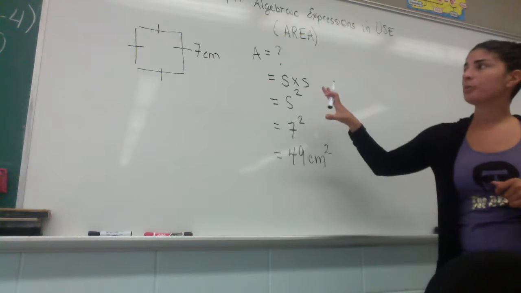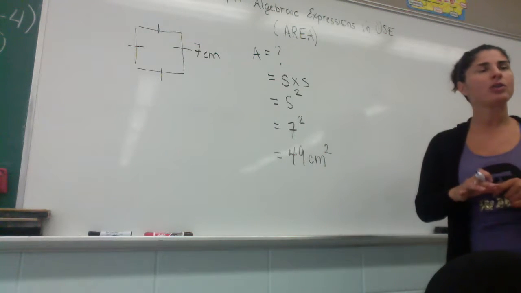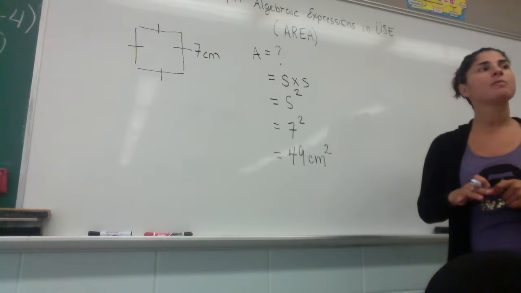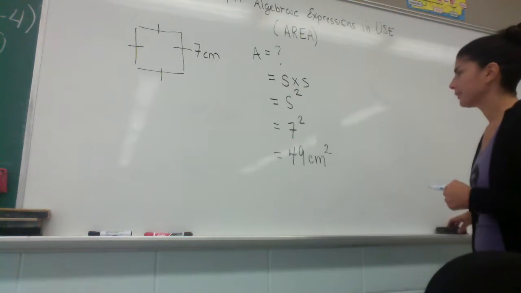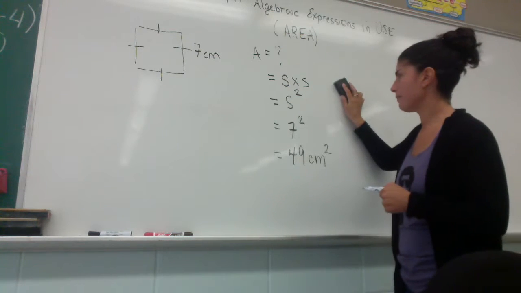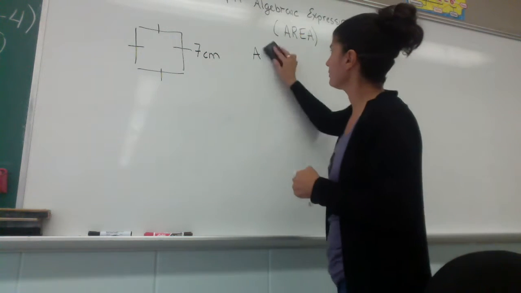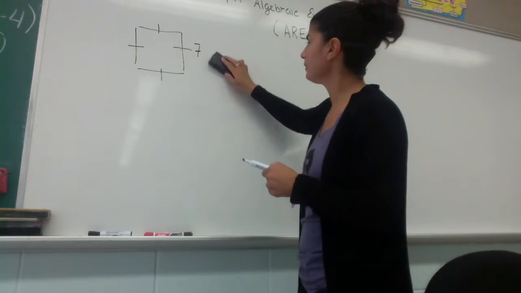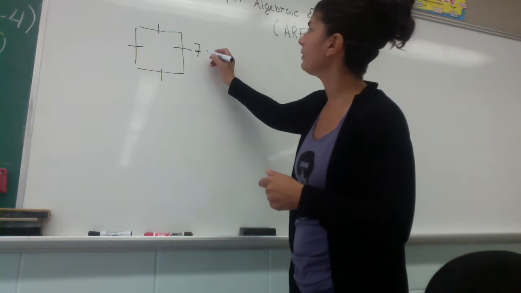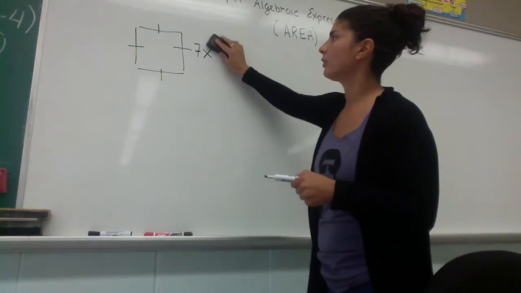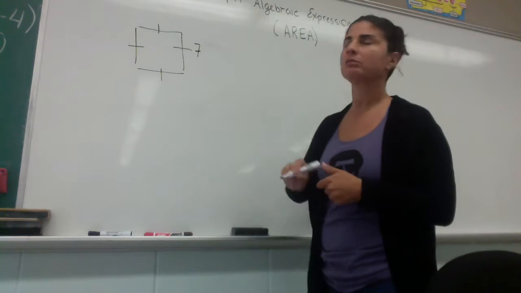I'm going to replace the number 7 with a monomial. Ready? Here we go. So what if I told you that this side would be 7x? Let me make the x not look like a times. 7x.